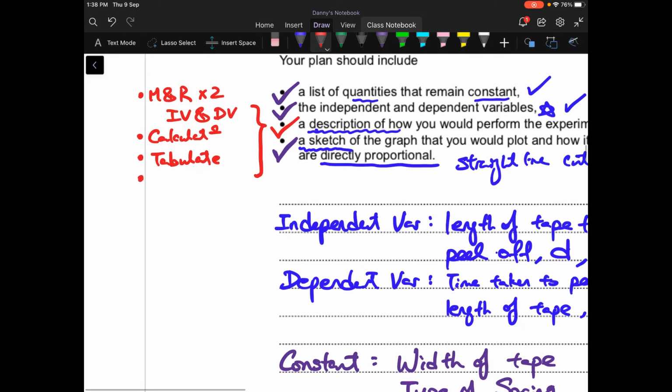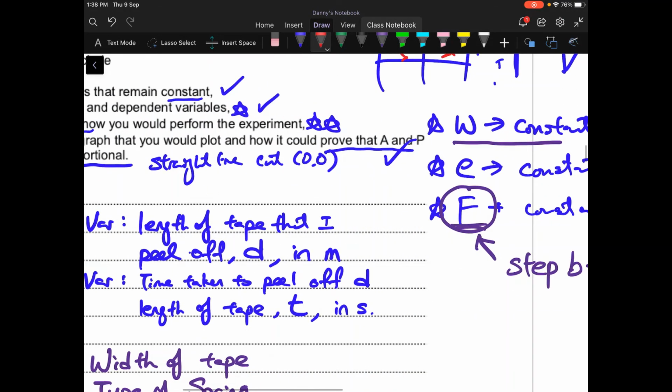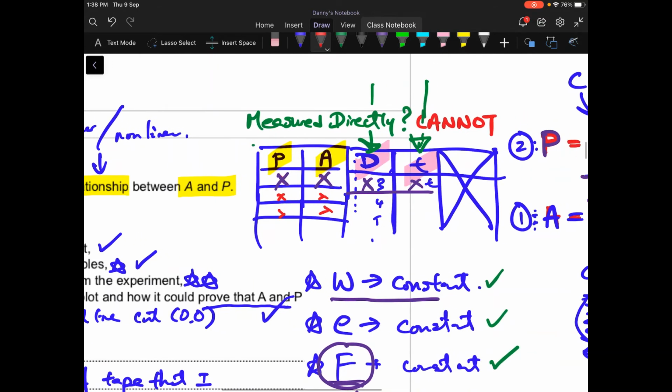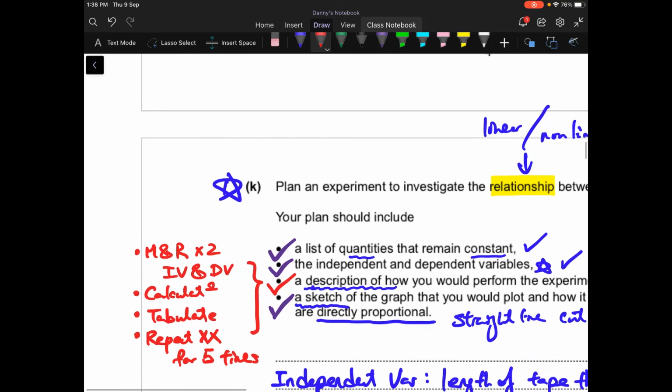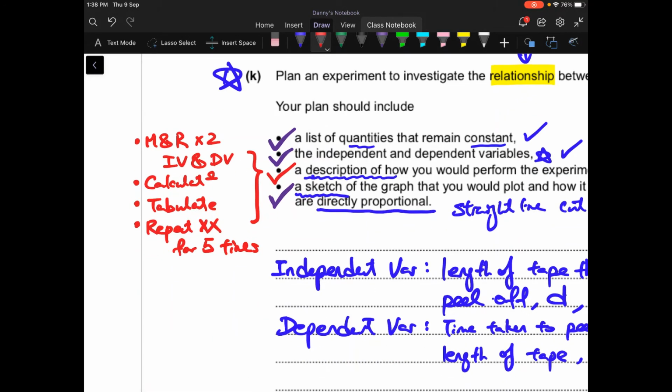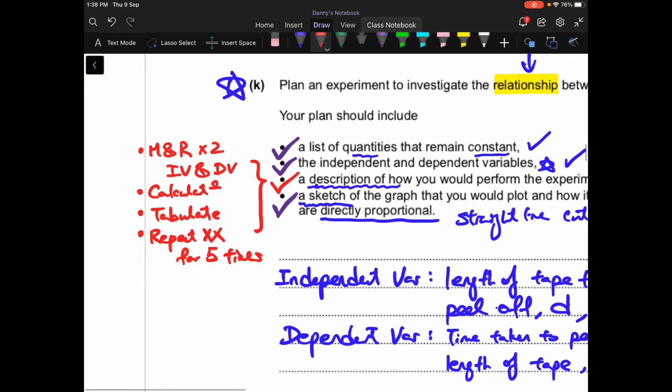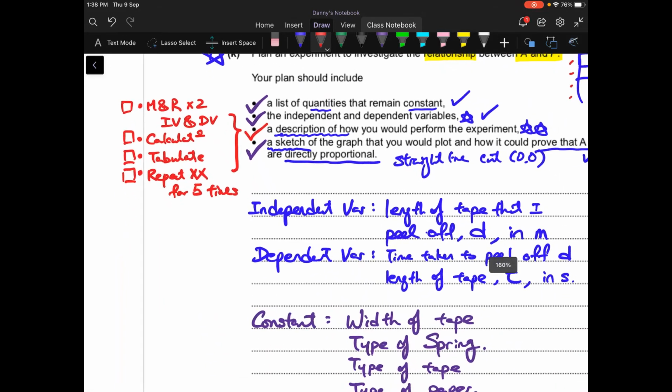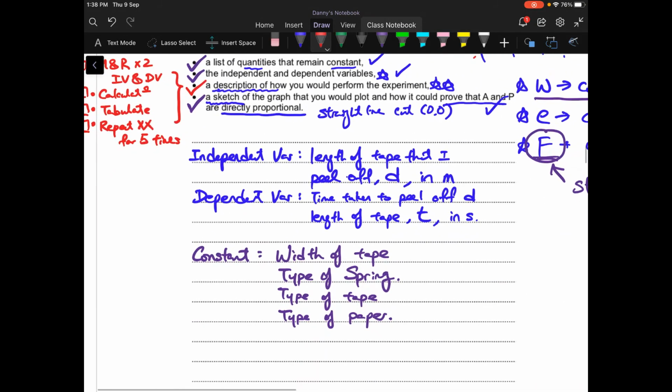Then after that, I will need to repeat certain steps 5 times, so that I will have readings 1, 2, 3, 4, 5 that will enable me to plot a graph, right? So essentially, to score in bullet point 3, this is basically a rough checklist that I will need for myself to check that, oh, okay, I have completely answered the question.